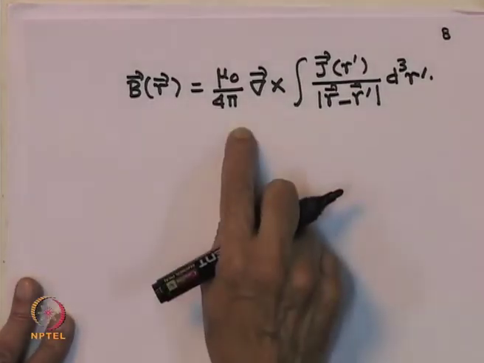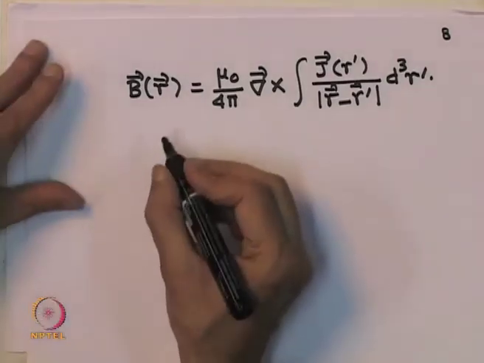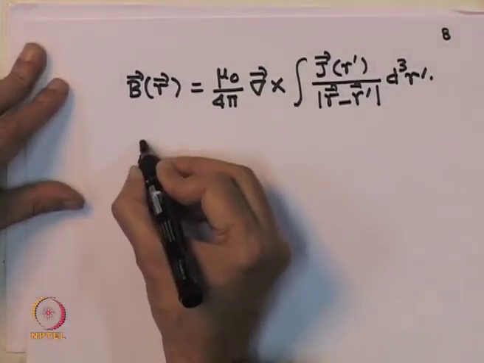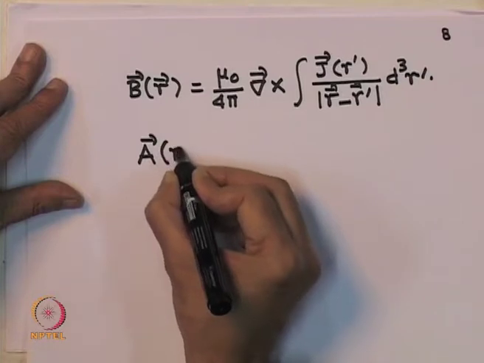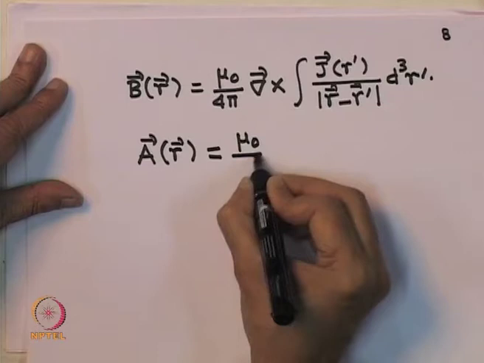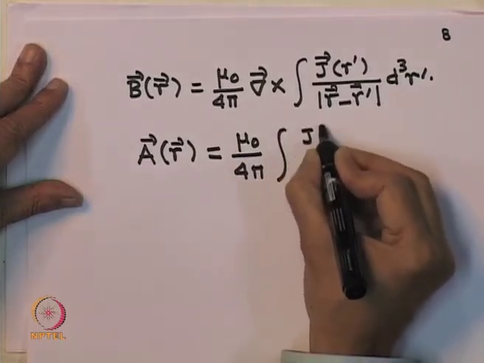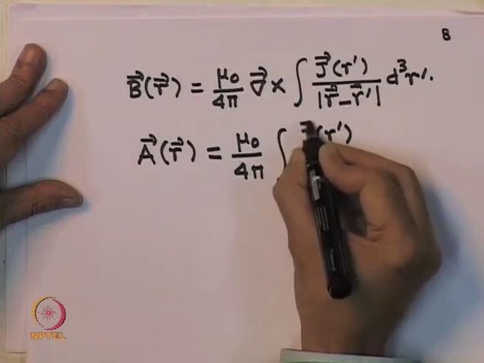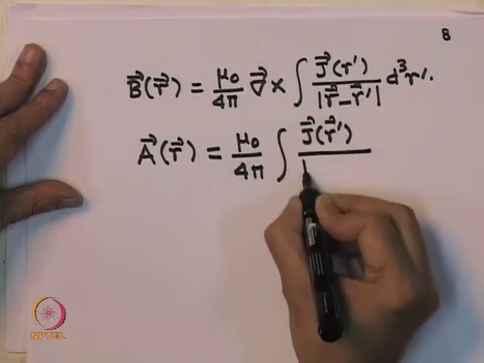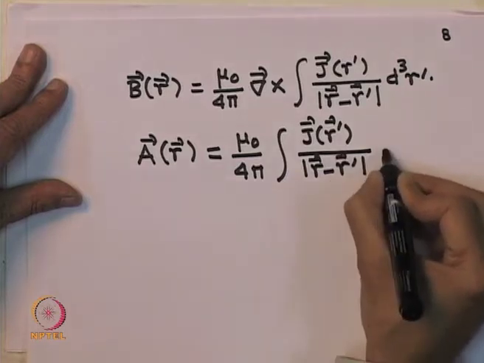So, if you compare this expression, you realize that it gives me a formal expression for the vector potential: A of r is equal to mu 0 by 4 pi times the integral of j of r prime divided by the modulus of r minus r prime, d cube r prime.